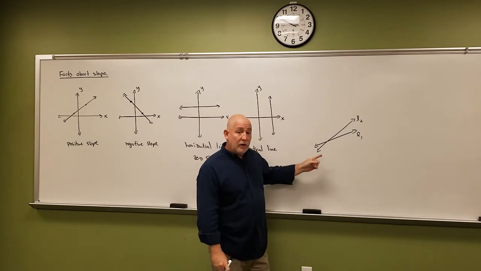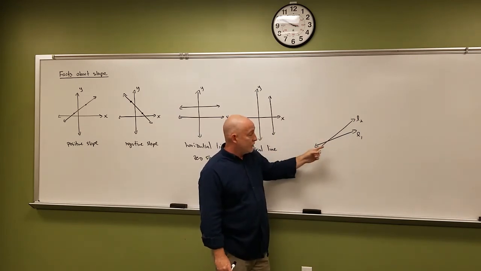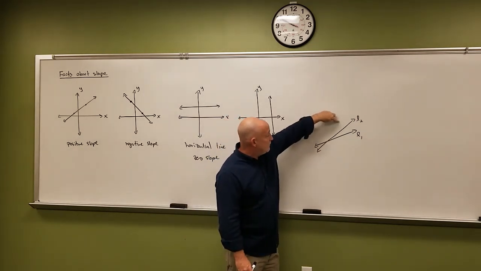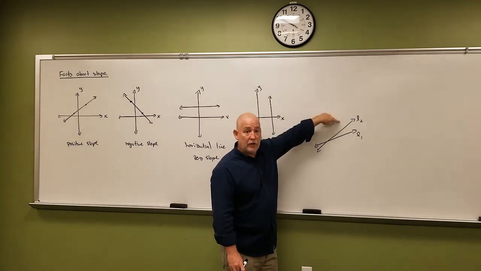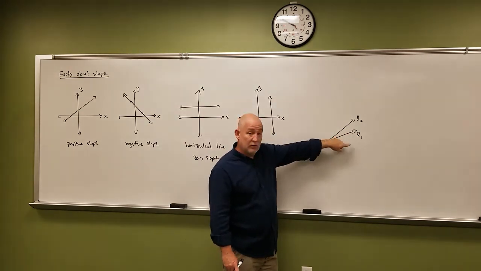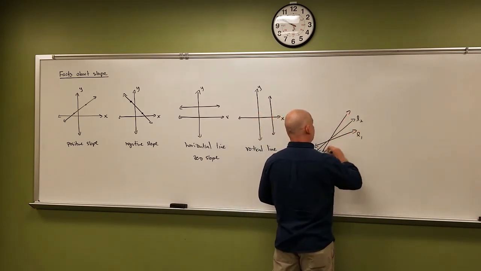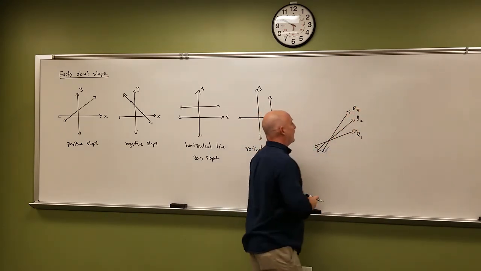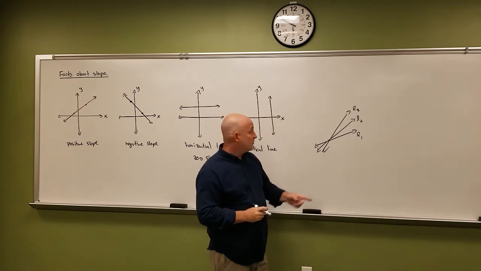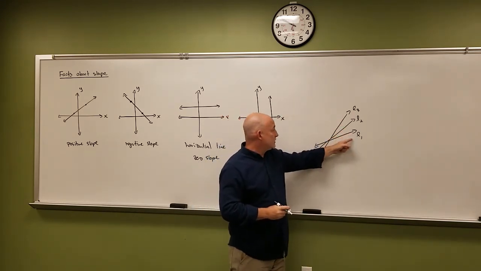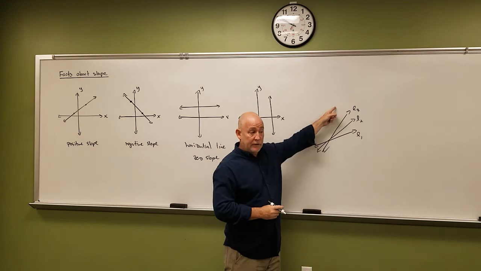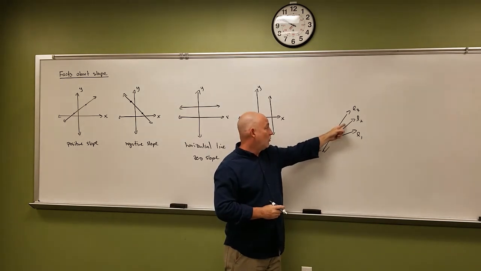So if we try to compare the slopes of these two, again, I don't know what they are, but since line 2 is steeper, I could say the slope for line 2 is a bigger value than the slope for line 1. And I could continue to do this for most of the day by making the line steeper and steeper and steeper, right? So L3 is steeper than these two, which means the slope for line 3 is bigger than the slope for line 1 and for line 2 down here.